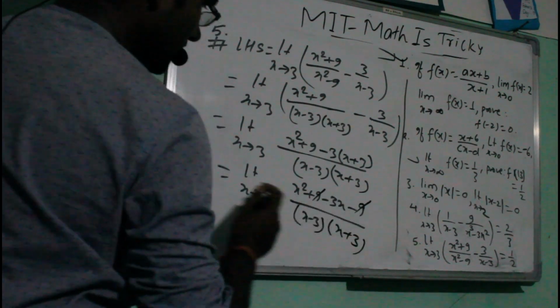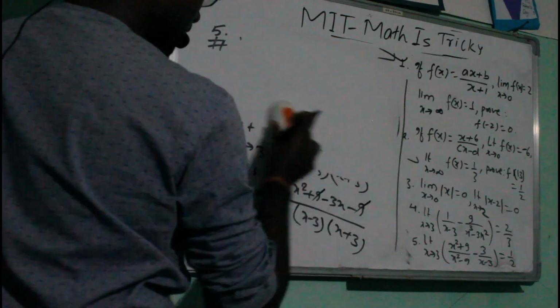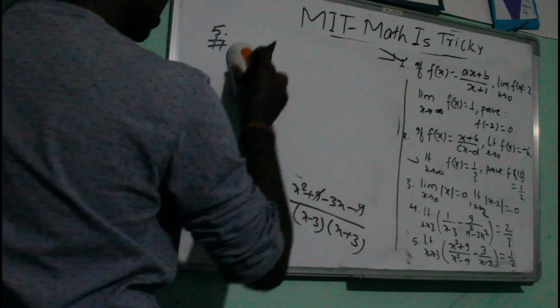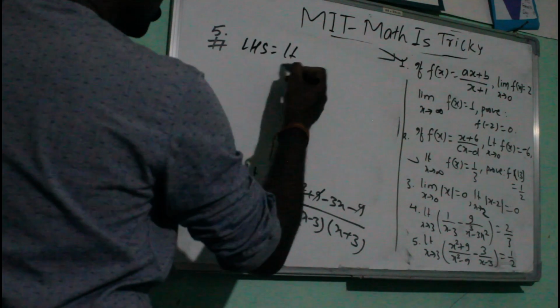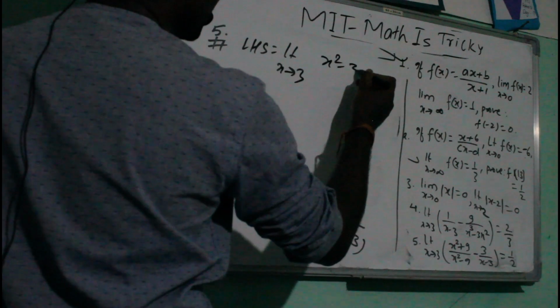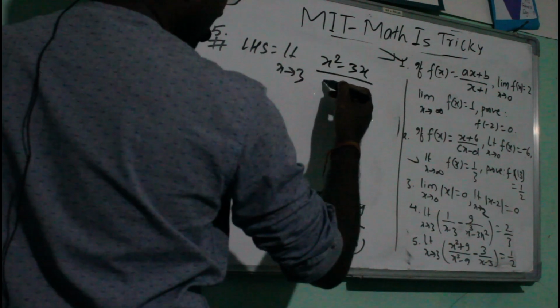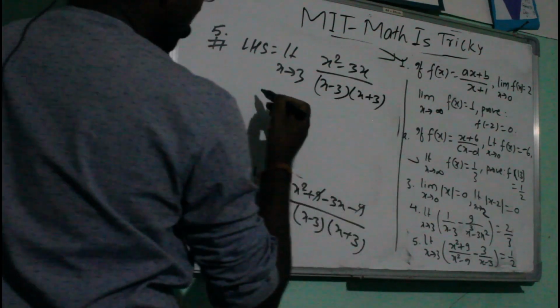So plus minus cancel. Now our left hand side equals limit x tends to 3. In the numerator we are getting x square minus 3x by x minus 3 and x plus 3 in the denominator.